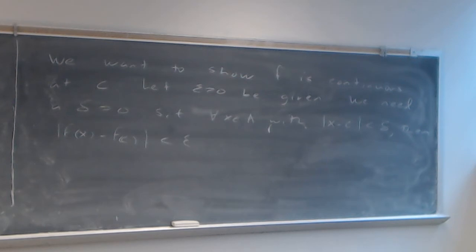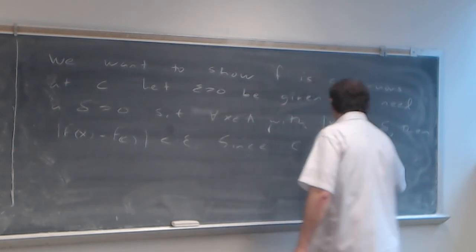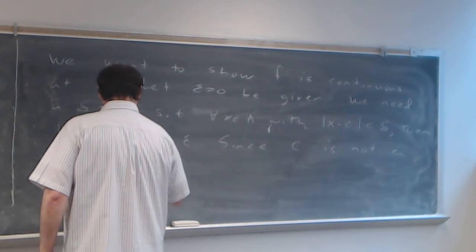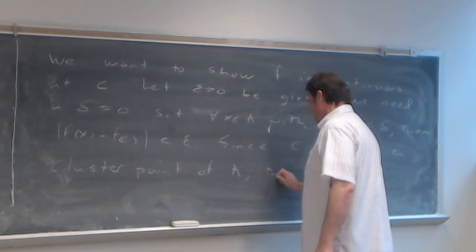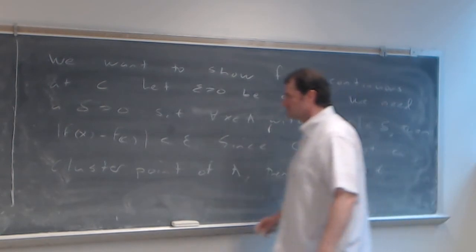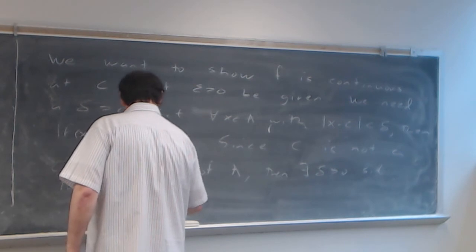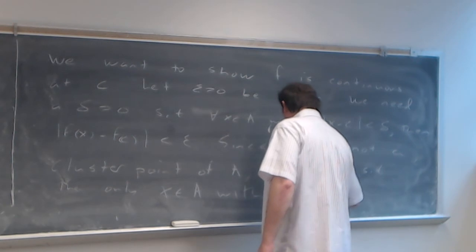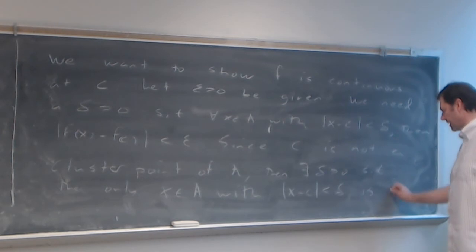Is that okay? So I'll say since C is not a cluster point of A, then there exists a delta greater than 0 such that the only x element of A with |x - c| being less than delta is what? x equal to what?